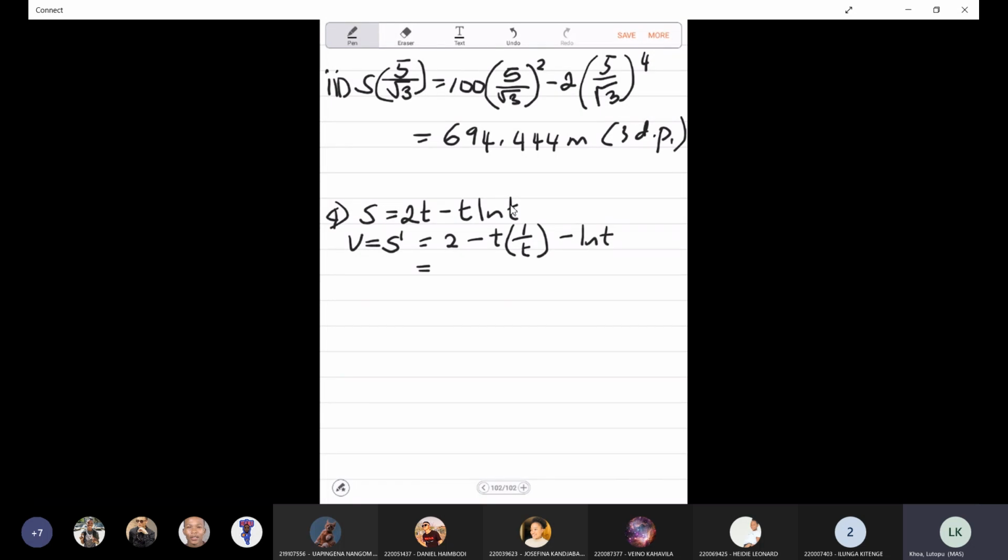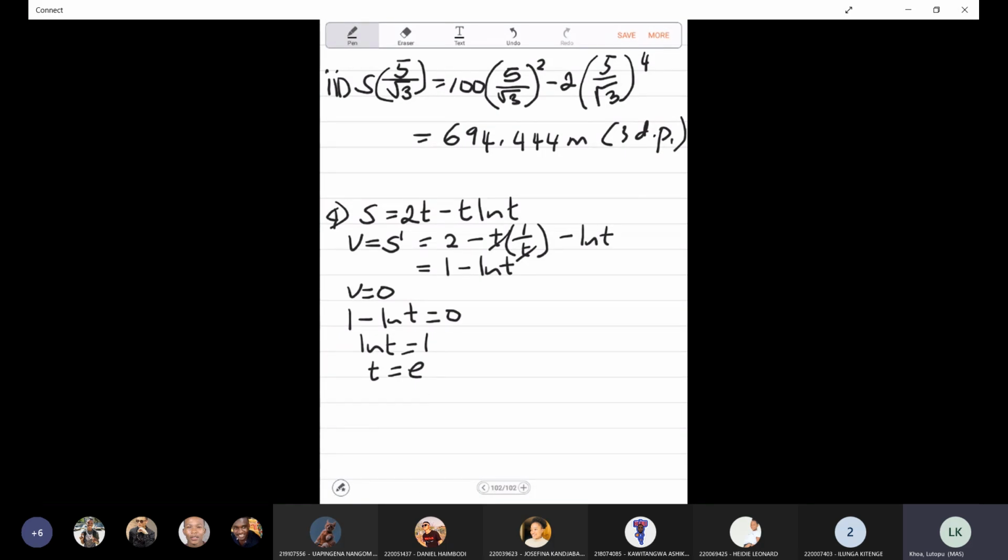Okay, so simplify over here. You can see that the t's will cancel. So I have 2 minus 1 minus ln of t, which is just 1 minus ln of t. And we're told that the velocity is 0. So this means that 1 minus ln of t is equal to 0. This means that ln of t is 1. And this means that t is e to the power of 1, which is just equal to e.